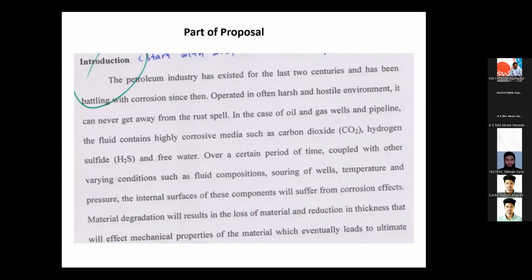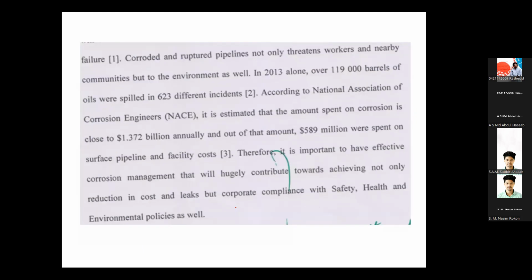The specific research on corrosion and finding the solution for the environment. But the background he suggested is not specifically related to his research.